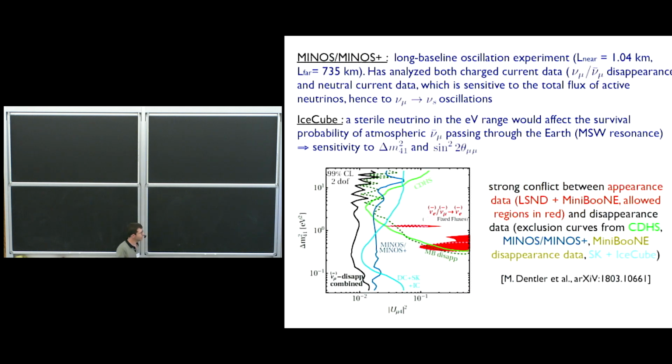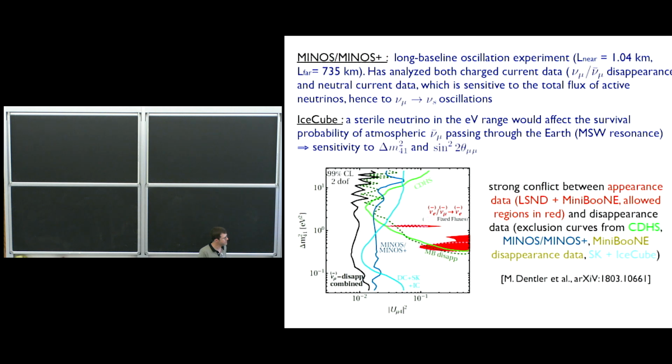So to make a long story short, there is a conflict between the appearance data, LSND and MiniBooNE, which gives this allowed region in this parameter space, and disappearance data, so essentially MINOS and IceCube plus some other experiments.